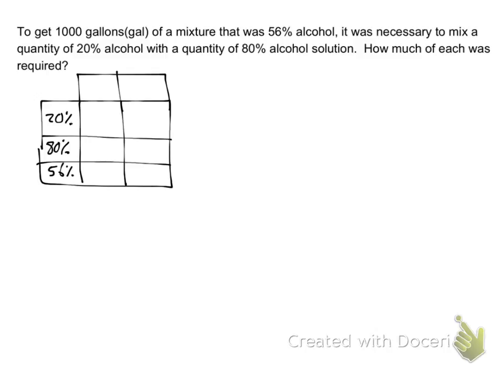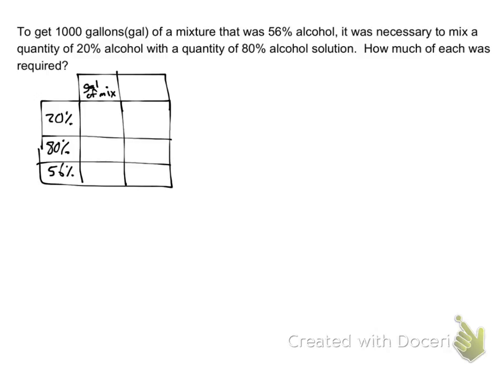Now, what we're going to put across the top row in that first column is gallons of the mix. So what we're going to have is a bunch of mixtures, and each one has its own.